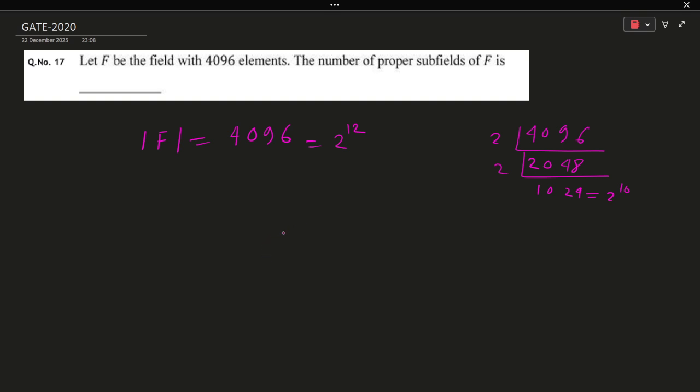And number of subfield. हमको पता है let k be a subfield, okay, k be a subfield of f.